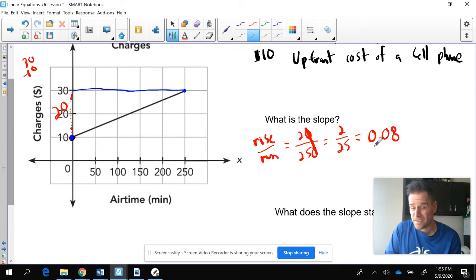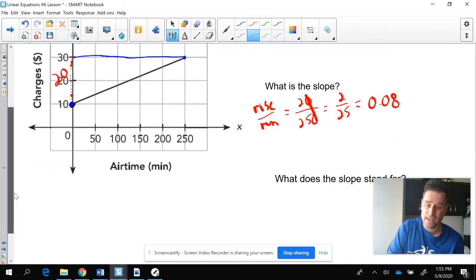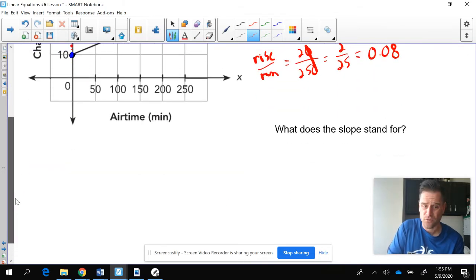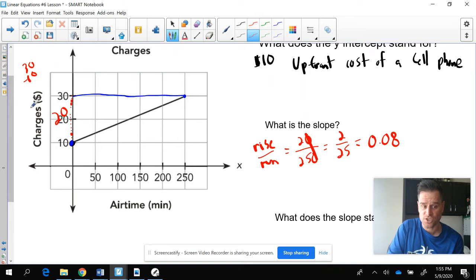The question is, what does this mean? This is the main question. What does the slope stand for? Well, let's take a look. What is the relationship we're trying to look at? It is about money, and it is about airtime. And the slope is going up by 0.08. So what does this stand for? It's the relationship. By the way, this is very similar to direct proportions.